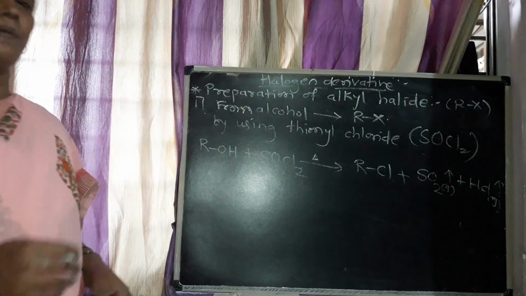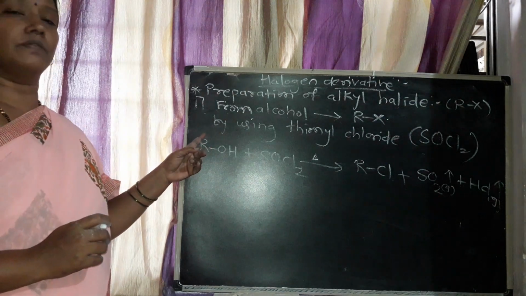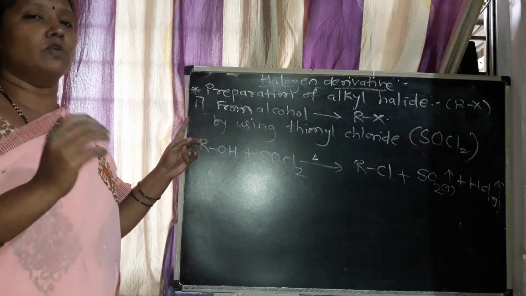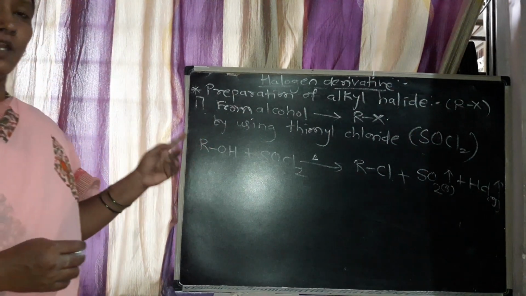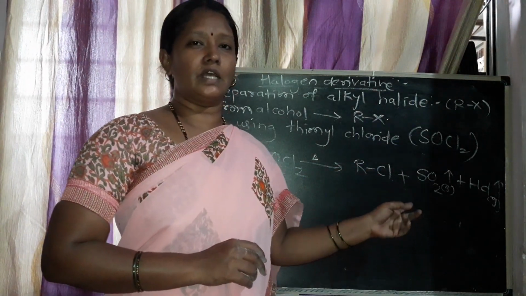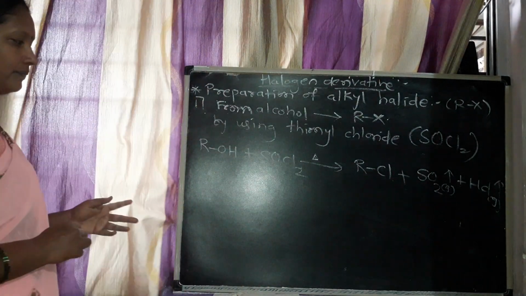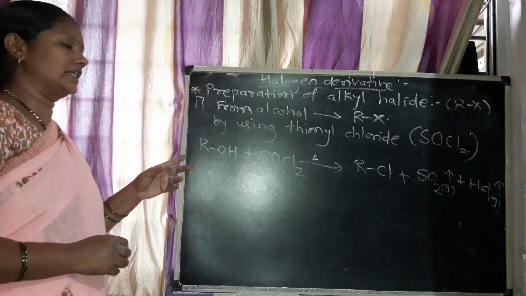Now out of these 5 reactions, the reaction with thionyl chloride is mostly used industrially because the byproducts SO2 and HCl are both gaseous and are easily eliminated. Then here is the general reaction.